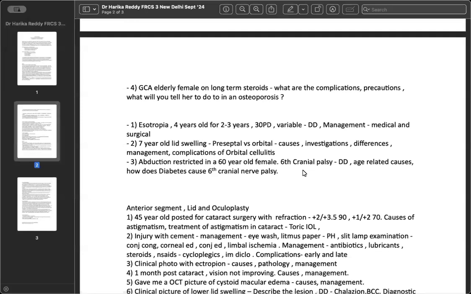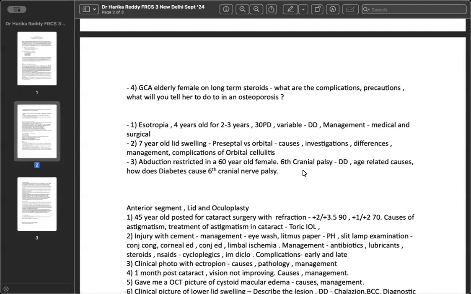He told me this patient is 4 years old, and for 2 to 3 years the patient had 30 prism diopters and it was variable. So the key here is the variable esotropia. That means this was a Duane's retraction. That was why he had esotropia.